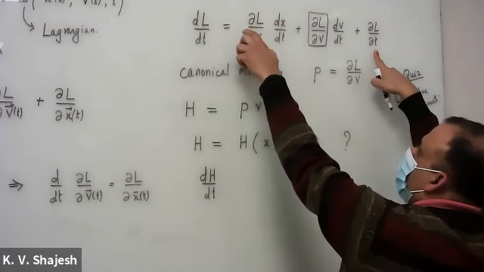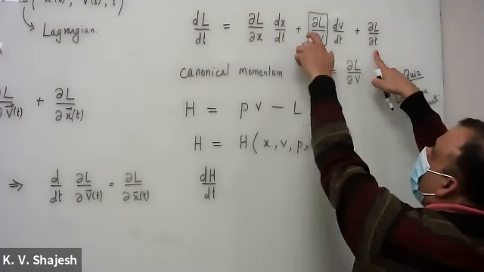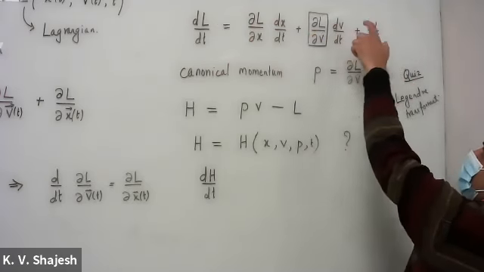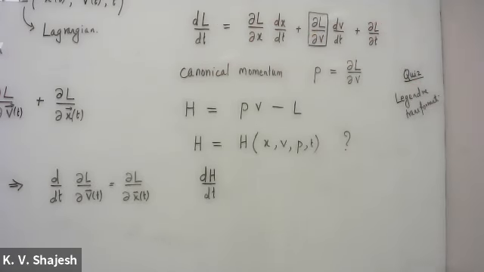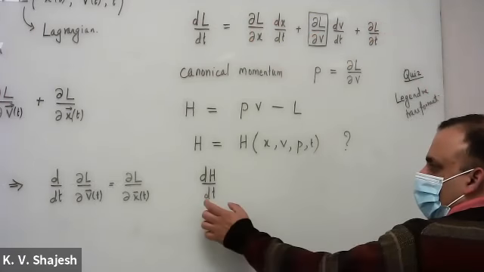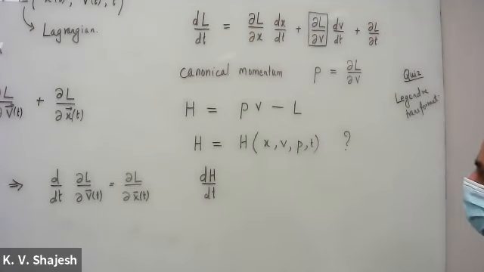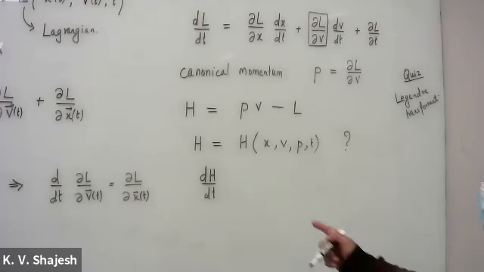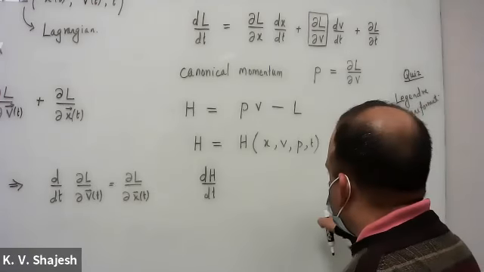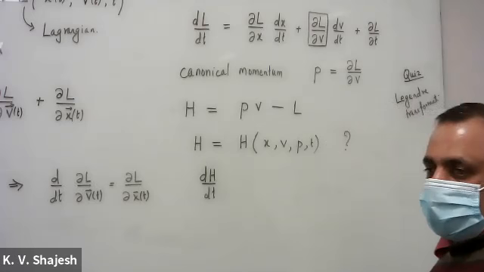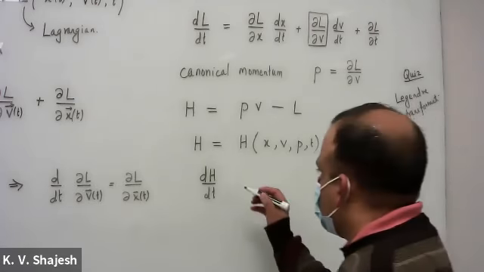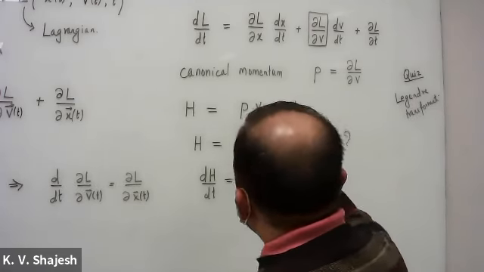This tells you the kind of dependence it has on x, this tells you the dependence it has on v, and this tells you the dependence it has on t. Similarly, if I write an expression for the total derivative of the Hamiltonian in terms of all possibilities, then whatever shows up on the right should tell me its dependence. So let me explicitly do this.